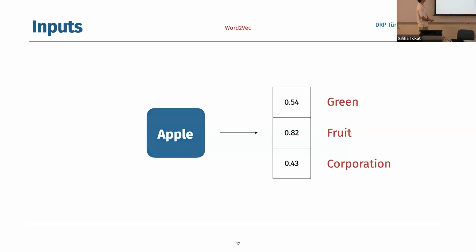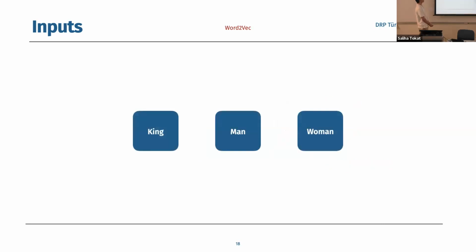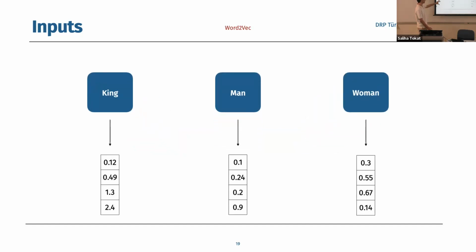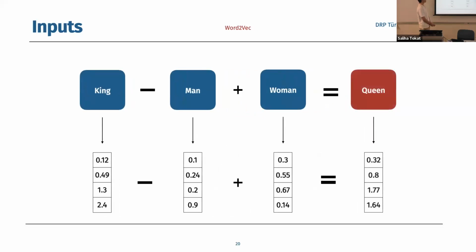There is a famous illustration for the word2vec architecture. Let's say we have these three words: king, man, and woman. And their word vectors, like in the previous slide, have some features representing our words. If we subtract the man vector from king and add the woman vector, as a result, we get the queen vector.